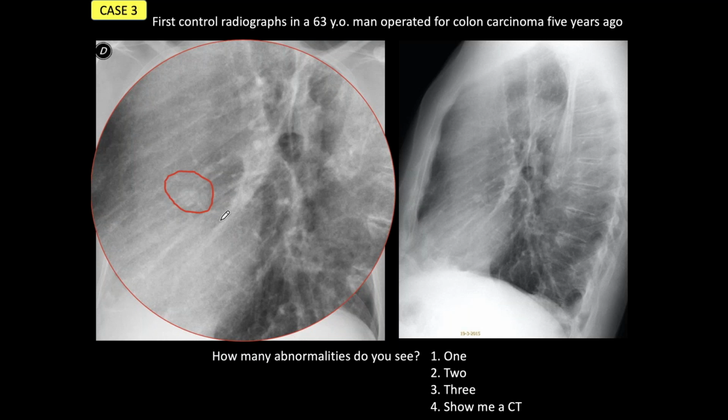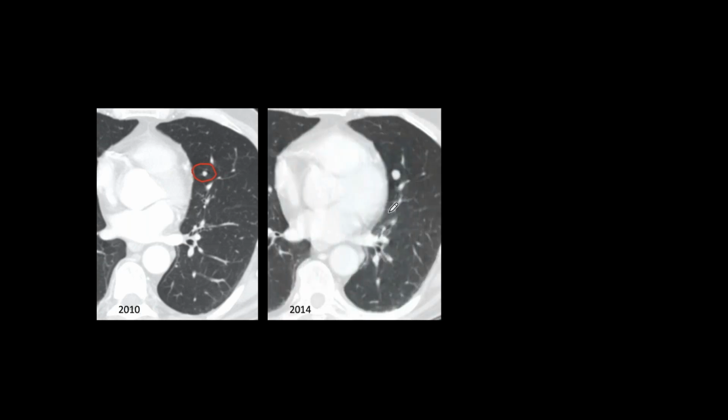But yes, I was curious, and I checked the previous CTs. This CT from 2010, just after the operation, if you know where to look, you see a small nodule over there. In 2014, the nodule has enlarged.